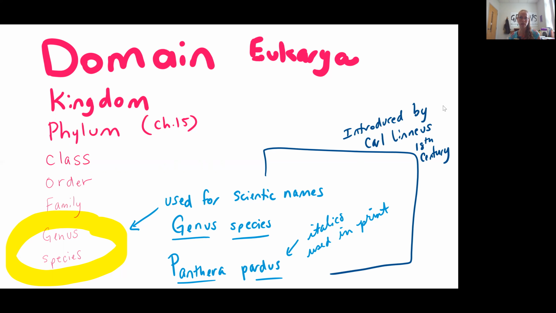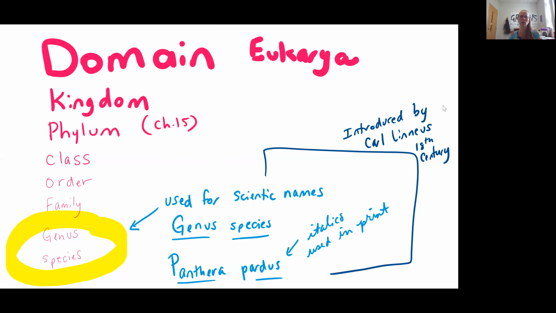So if you do need to write out your scientific names, like for your lab report, then you want to make sure that you're doing your Control I on your keyboard to italicize those names correctly. This binomial scientific naming system was developed in the 18th century by Carl Linnaeus. So very often it'll be referred to as the Linnaean binomial naming system.